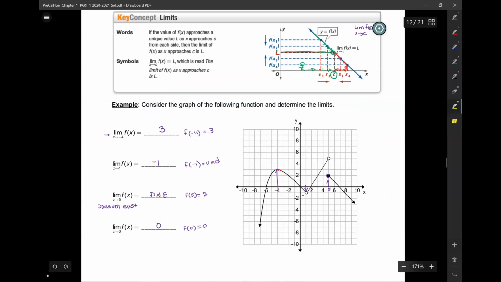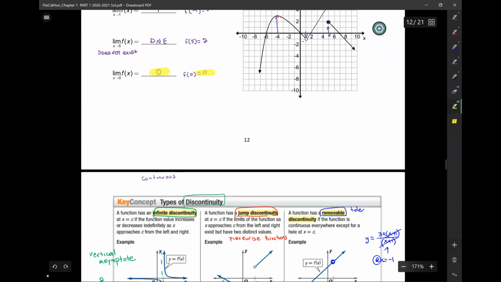So like you see how here, right, there is a limit of 3. F of -4 is 3. When those two values are the same, that's when the function is continuous, right? Here too, when those two values are the same, that's when the function is continuous.